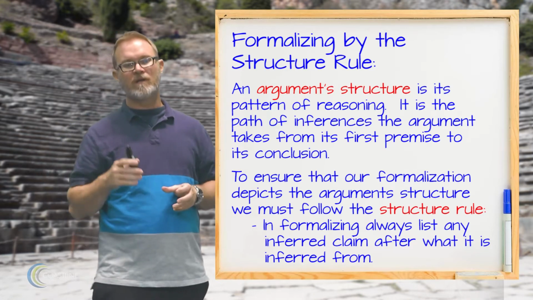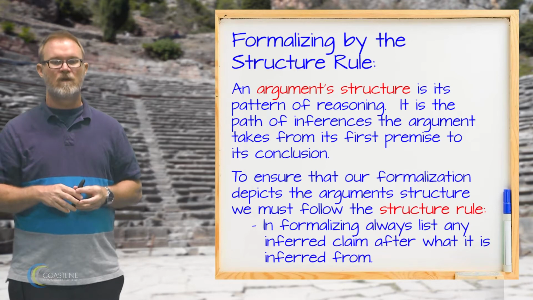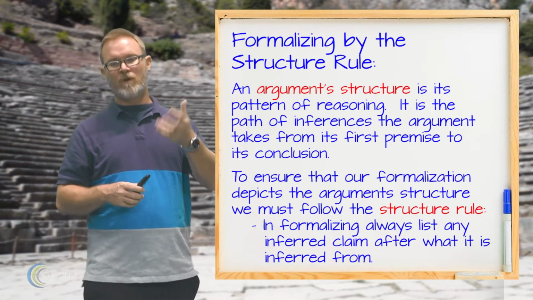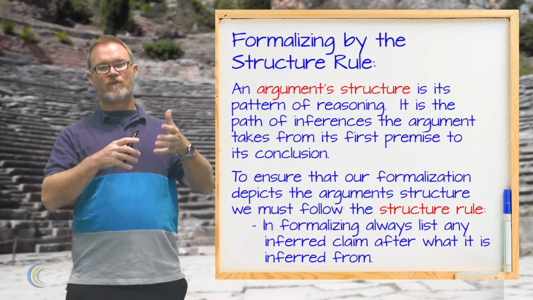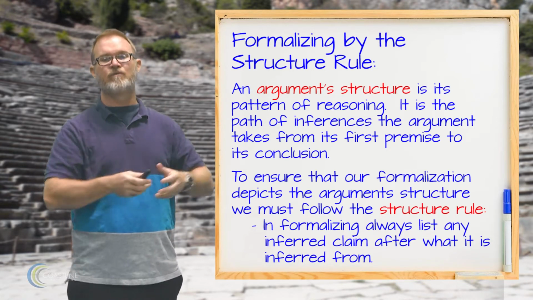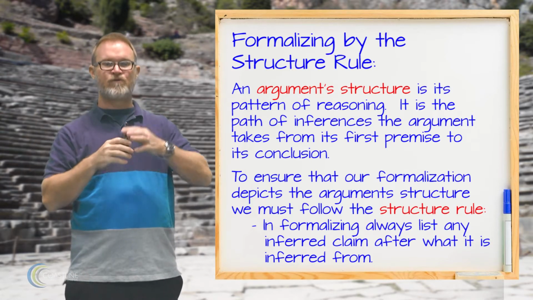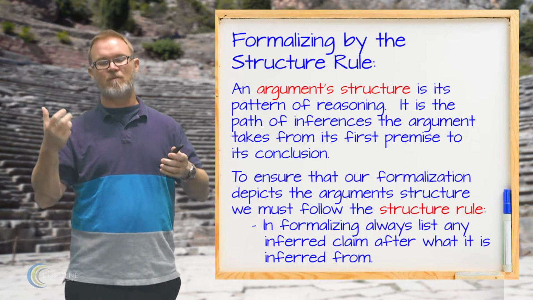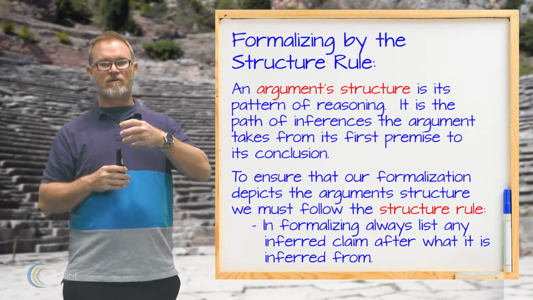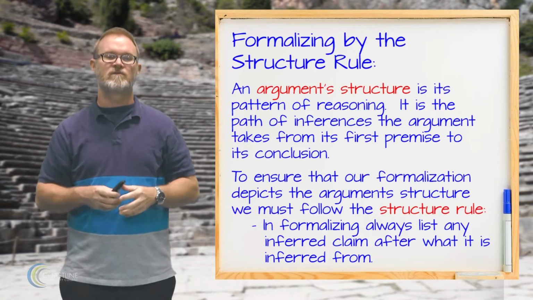When an argument makes an inference, you want to number the formalization to reflect that inference. When you have one claim inferred from another claim, you number the inferred claim to follow the first one, so it is numbered later in the sequence.